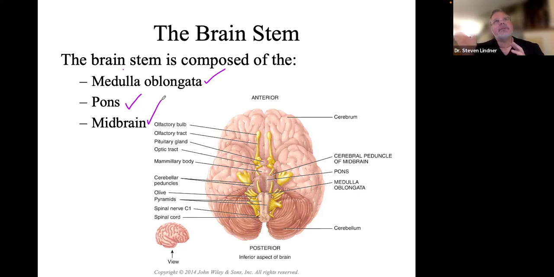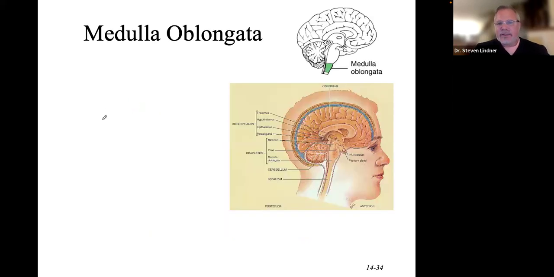If you're in a deep sleep and there's fire in the house and you can smell smoke, that wakes you up. Okay. That's the reticular activating system. And it's found scattered throughout the brain stem, the medulla, the pons, and the midbrain.